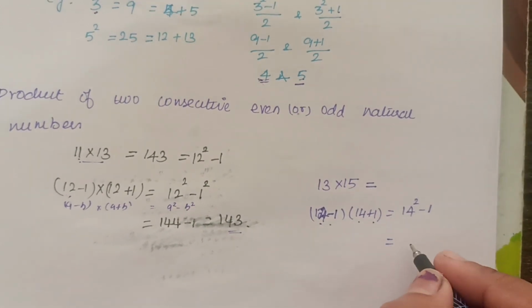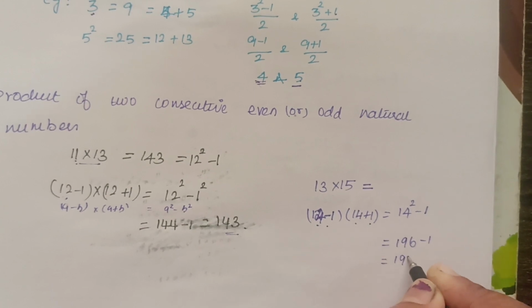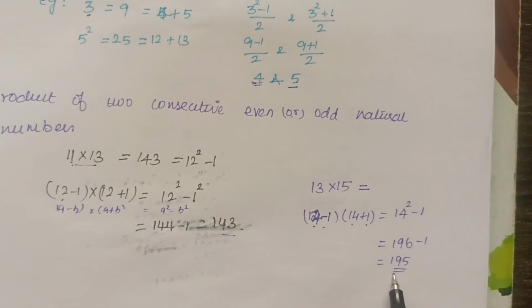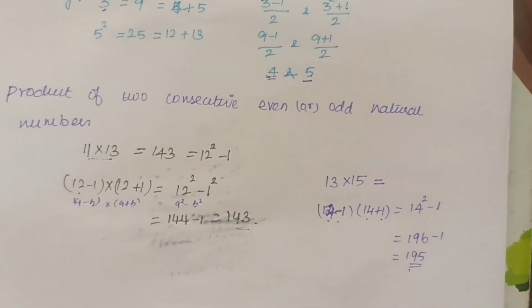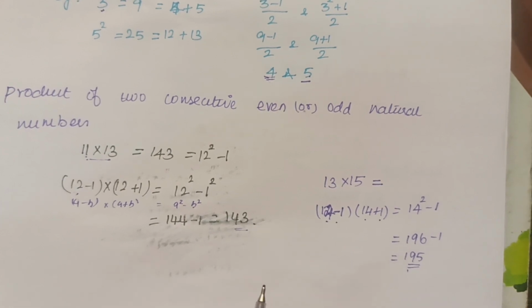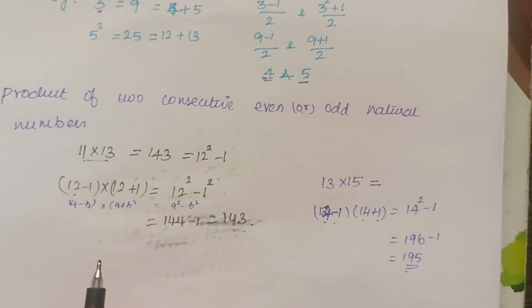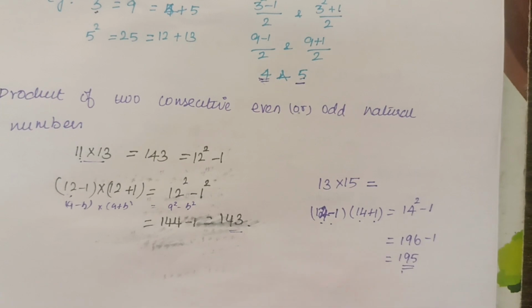So 14 square is 196 minus 1, so it is 195. The product of these two consecutive odd numbers is 195. This type of question they may ask: find the product of these two consecutive odd numbers without doing actual multiplication. In such cases we can use this method.